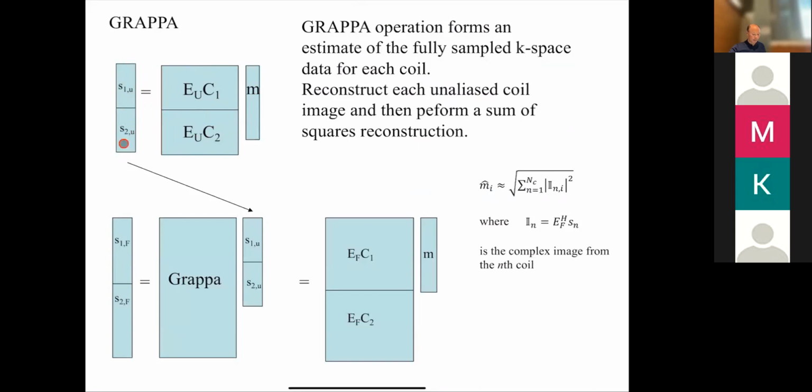Each of these is undersampled, and we go through the GRAPPA recon and make each of these essentially the full Fourier. You can see we're doubling the size of these vectors, and then we can reconstruct using our overdetermined set of equations. In GRAPPA, we interpolate in k-space to get the full Fourier, reconstruct the image for every coil, and then do a sum of squares recon. That's how GRAPPA works.